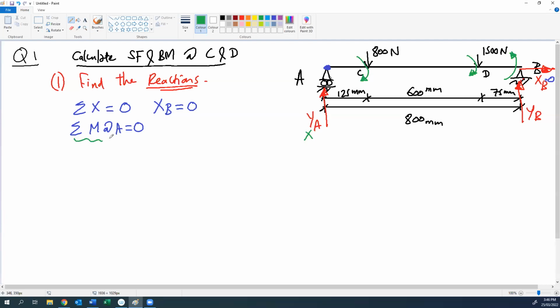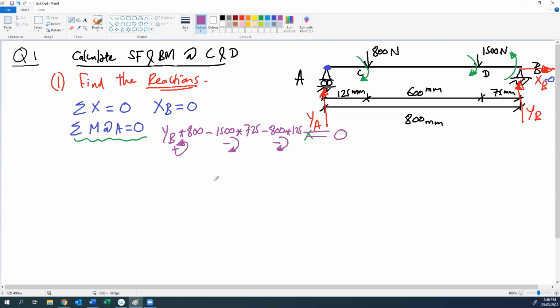So if we apply the moment at A equal to 0, we have YB multiplied by the distance, which is 800 millimeter, and it is rotating anti-clockwise, so it is positive, minus 1500 multiplied by the distance, 725 millimeter, rotating clockwise, so it is negative, minus 800 newton multiplied by the distance 125 millimeter, rotating clockwise, so it is negative. All this should be 0.